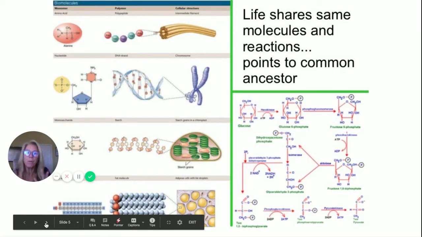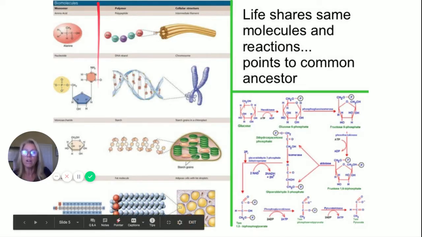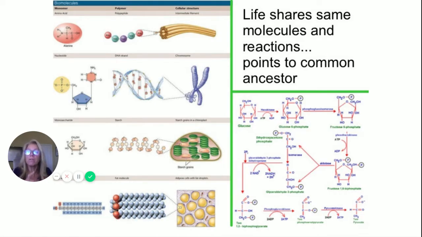But the first point I want to talk about is what points towards evolution. We'll get into many pieces of evidence for evolution, but one is that life shares all these same molecules and reactions. For instance, what you're seeing here on the left, these are the four important organic molecules that help build all cells. So we're going to be talking about the monomers and polymers for those.